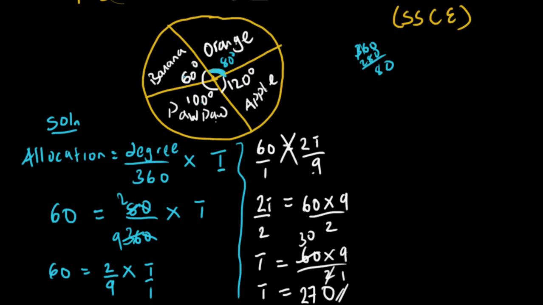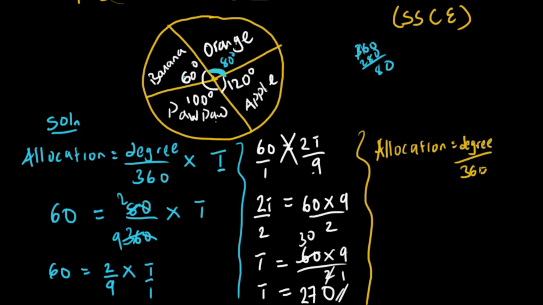But remember, we're told to find the number of apples in the shop. Now, to find the number of apples in the shop, don't forget allocation equals degree over 360 times total. So number of apples equals, what's the degree for apples? 120.